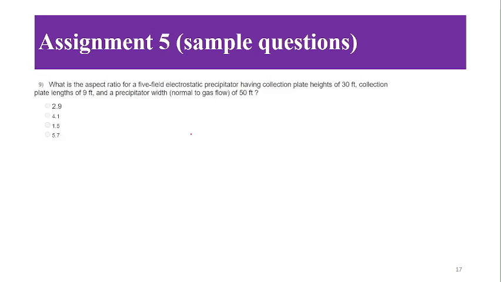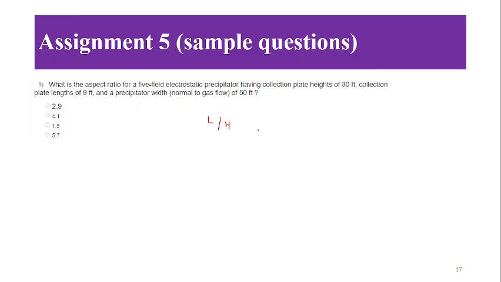Next question, what is the aspect ratio for a 5-field electrostatic precipitator having collection plate heights of 30 feet, collection plate lengths of 9 feet, and a precipitator width given as 50 feet. Here they are asking for aspect ratio, which is basically L by H, so length to height.